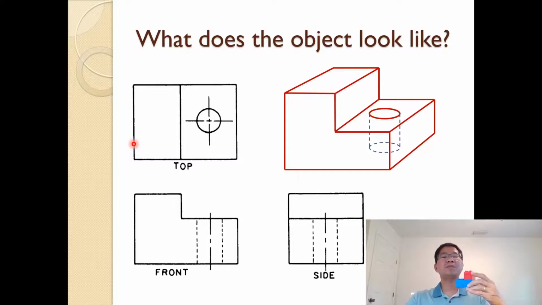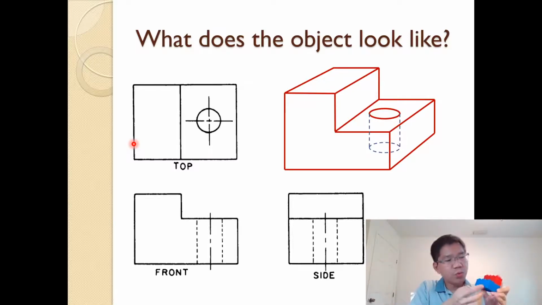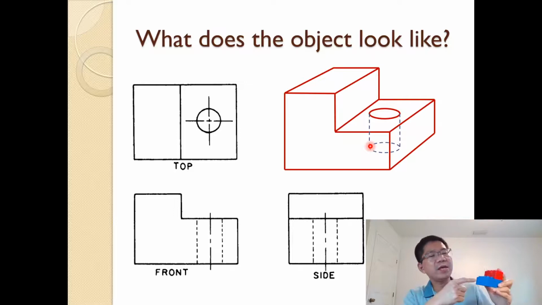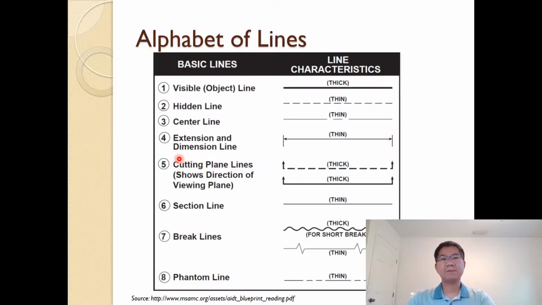Whatever this object is here, there is a hole in that area that goes through. It's hidden, because if you look from here we don't see the hole, so we put in a hidden line, which means the dashed line. So that is the hole, presented with the top, front, and side views.